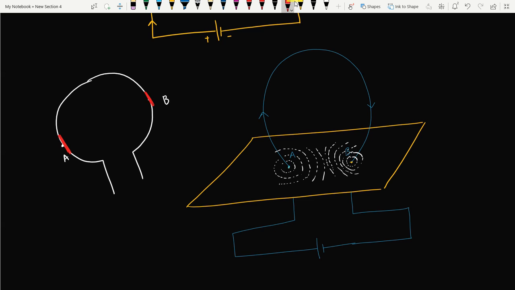So this part near point A is a straight conductor, and at B also it is a straight conductor.